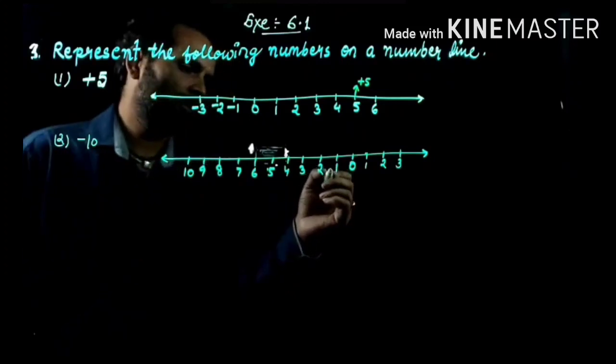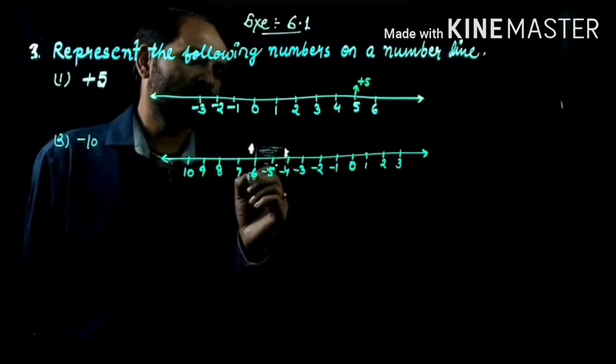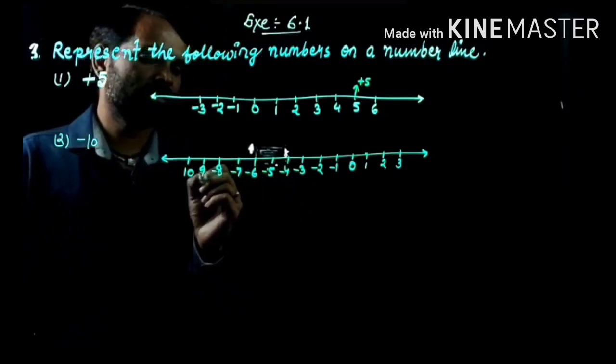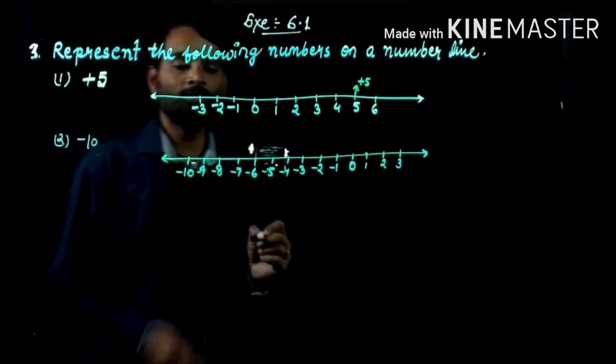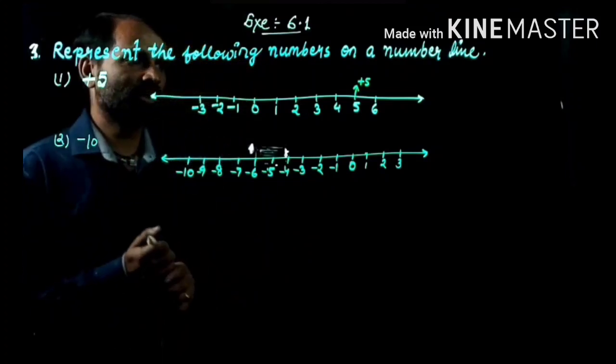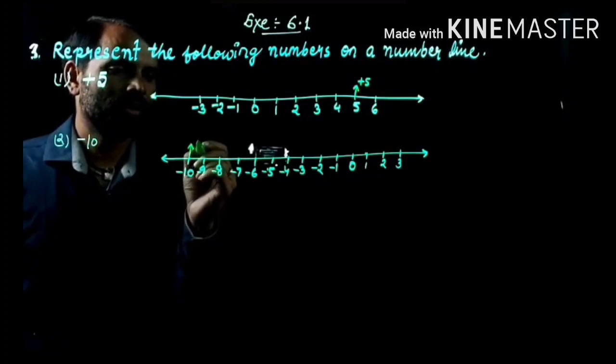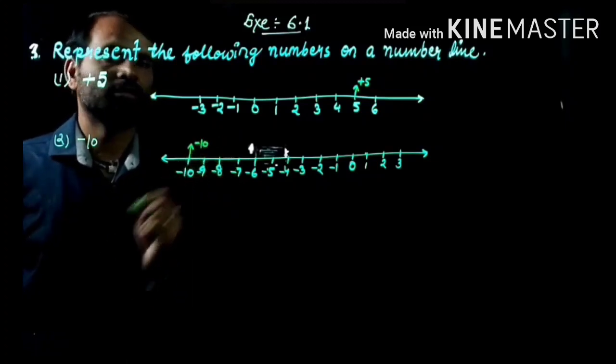On the left hand side all numbers will be minus: -1, -2, -3, -4, -5, -6, -7, -8 up to -10. The number -10 will be represented on the number line, so you write the arrow and write -10.